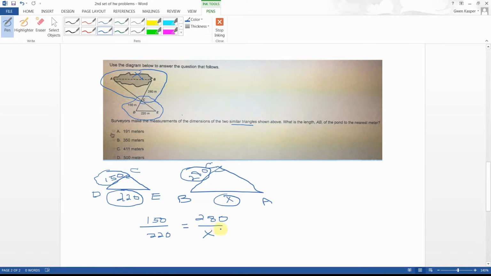You can set up a proportion with the sides. Just make sure you have the corresponding sides on top in both places and the corresponding sides on bottom. So I use this side on top for both of them.